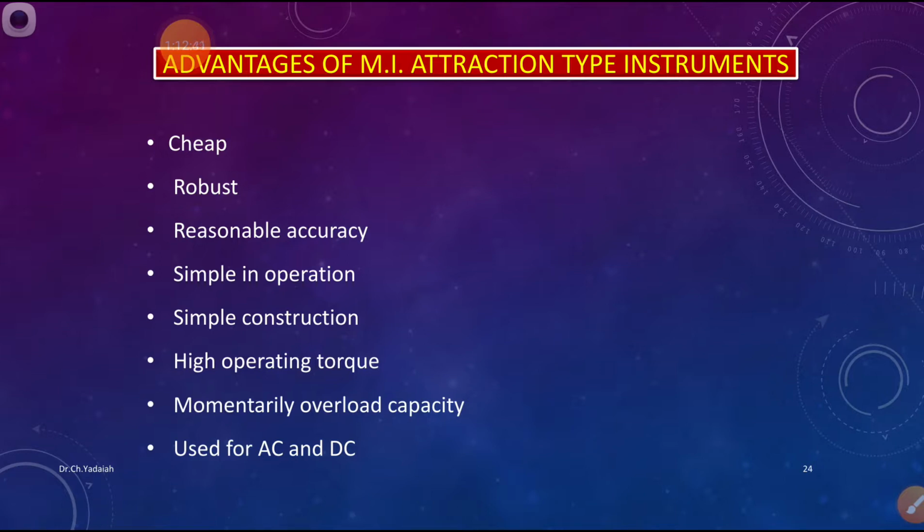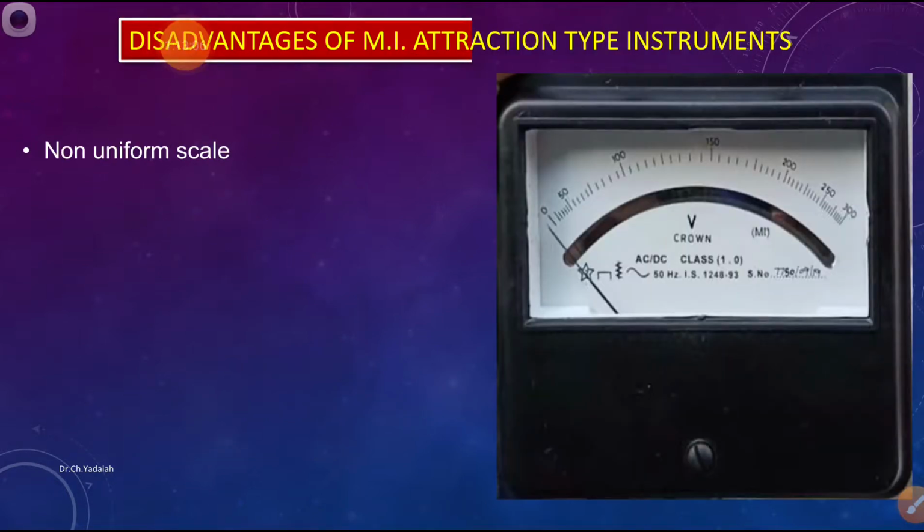This is the beauty of the moving iron instruments, whereas moving coil instruments can be used only for DC. It gives a perfect reading in AC, though not as accurate as moving coil instruments, but it will give the DC value also. So these are some advantages of moving iron instruments.